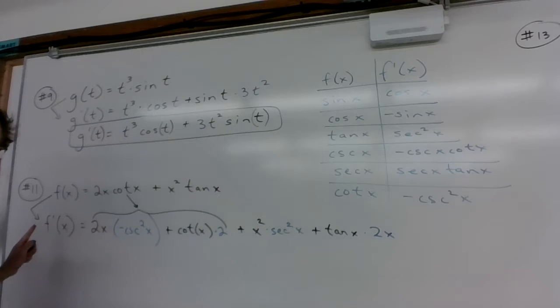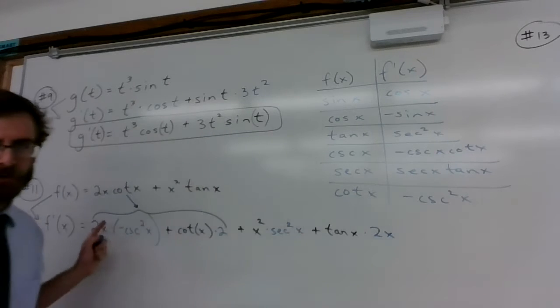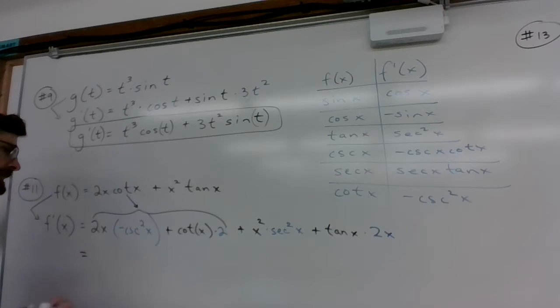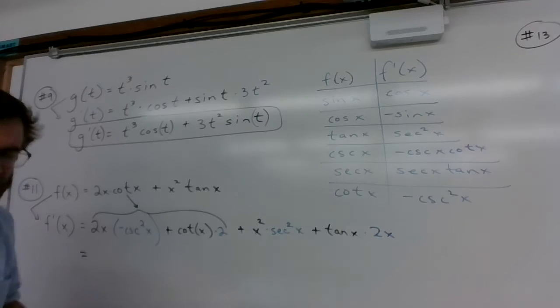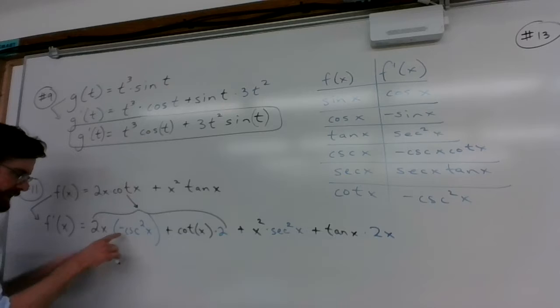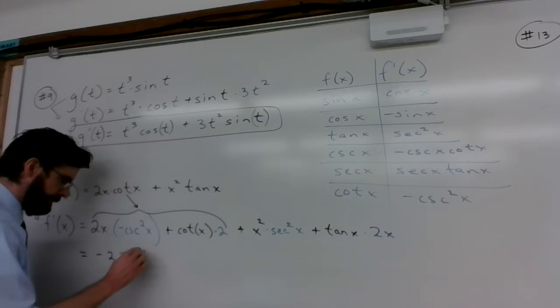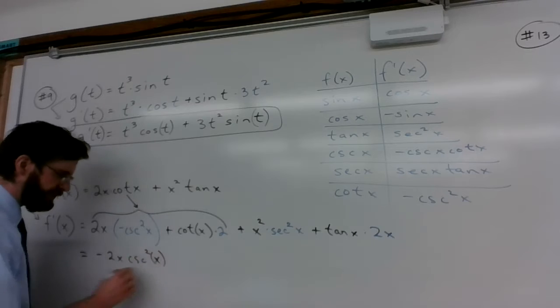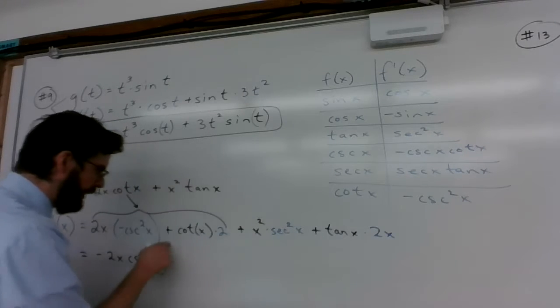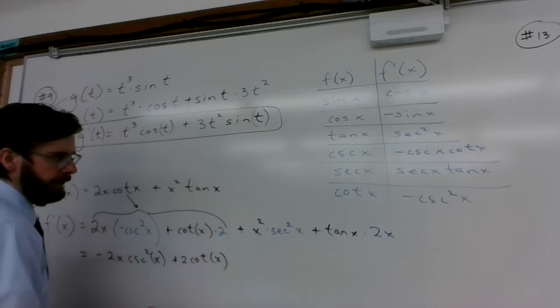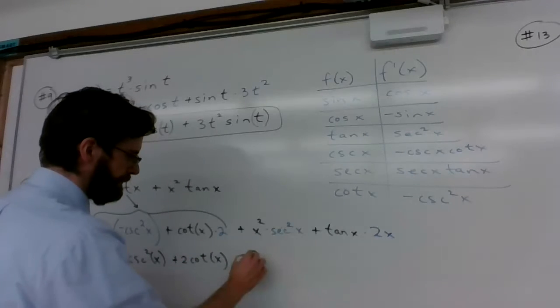So these become horizontally lengthy algebra problems. There's not really too much simplification that can happen here. I mean, I can bring this negative out in front of the 2x, cosecant squared of x. I can bring the 2 out front here, cotangent of x. This doesn't really change.